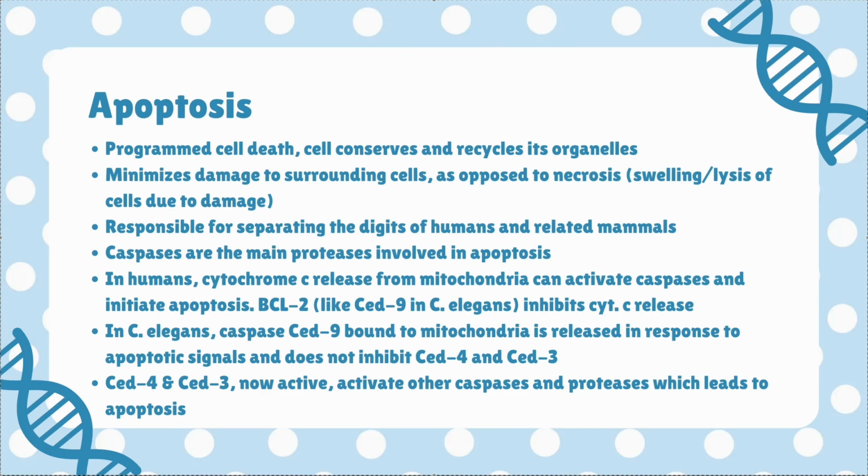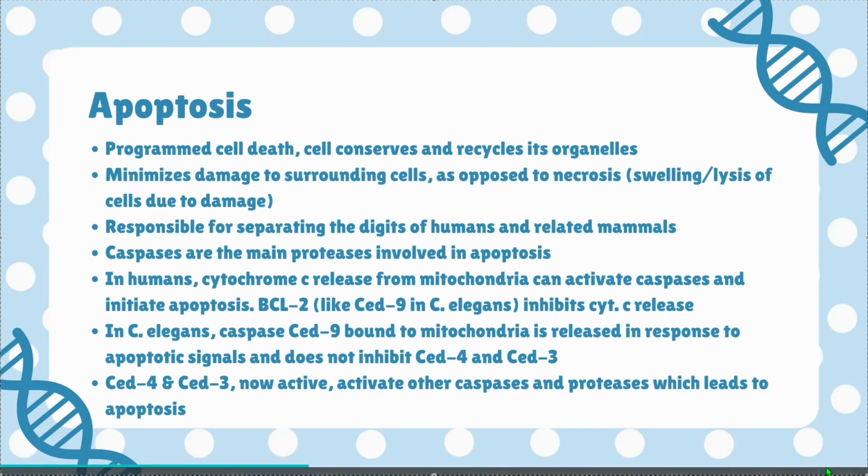In C. elegans, BCL2 is replaced by CED9. It's bound to the mitochondria, and this protein usually inhibits CED4 and CED3, which are caspases further along the apoptotic pathway. But when CED9 is not bound to mitochondria, it basically activates CED4 and CED3.